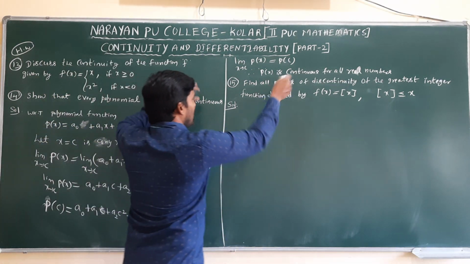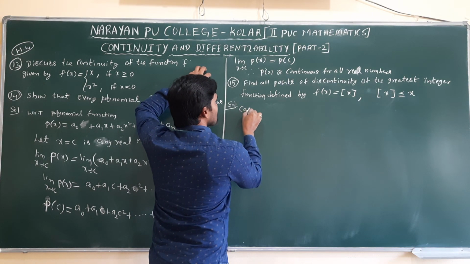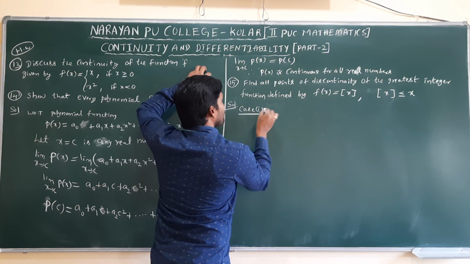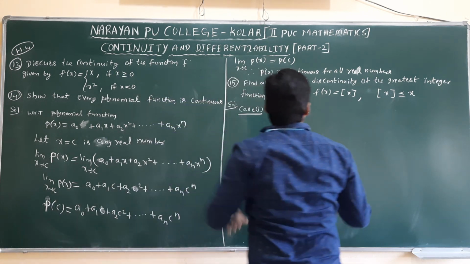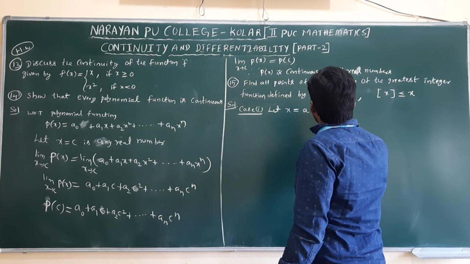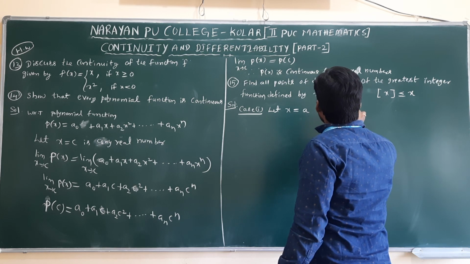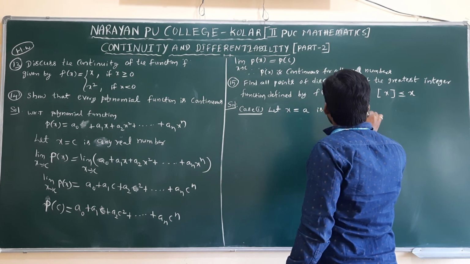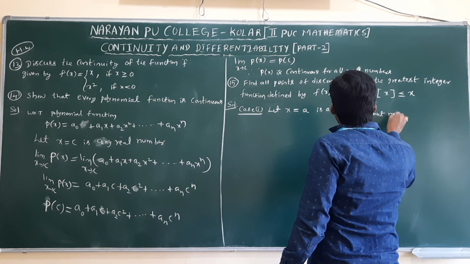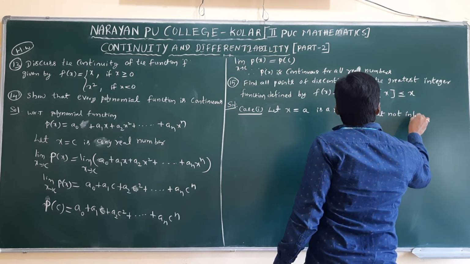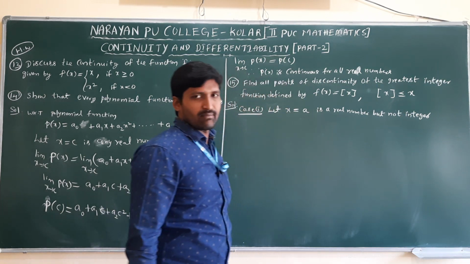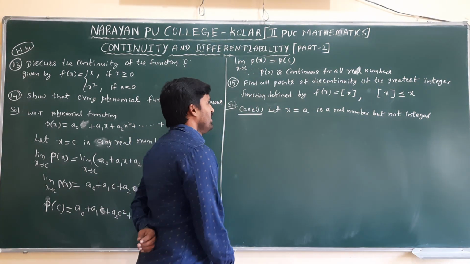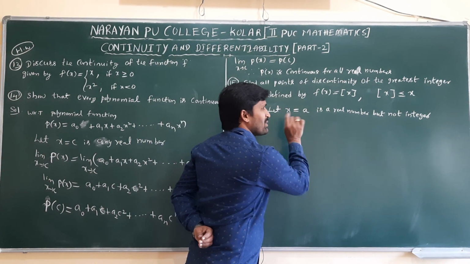First case: let x equal to a, a real number but not an integer. That means in real numbers, we are not taking integers, only the remaining ones. Now, real number means you will get decimals.